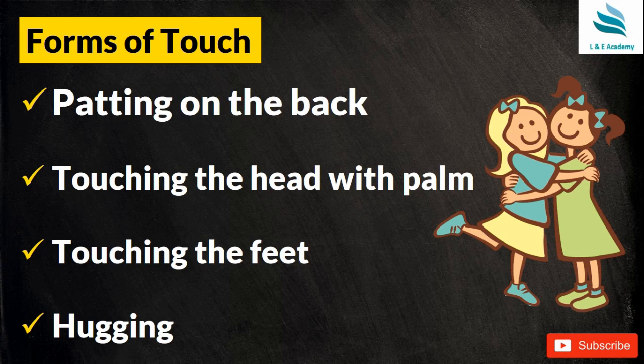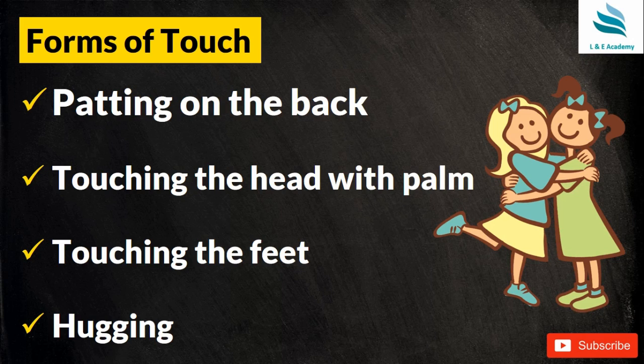Touching the head with the palm is considered as giving regards, giving blessings. But in some countries, if you touch the head of a child with the palm, it in some way means that you are stopping the positive energy of the child.